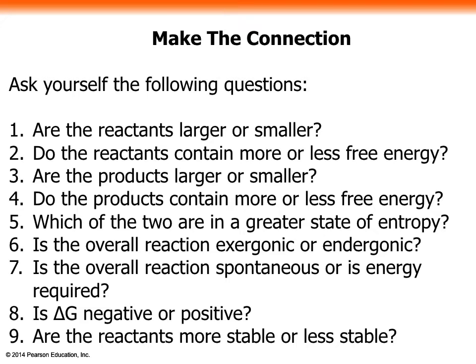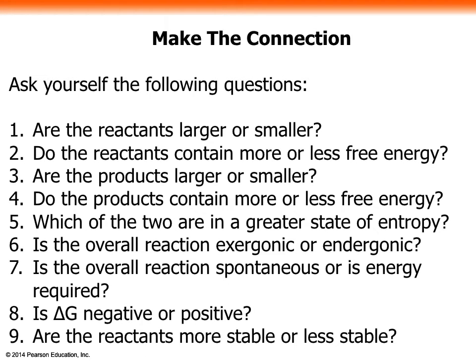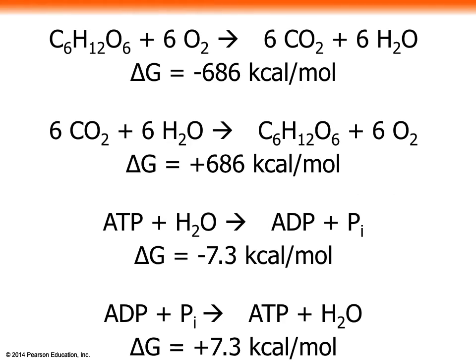All right, you should be able to take these 9 questions, or more like 18 questions, and ask yourself if you can answer all of them for any particular reaction. Check out this reaction at the top. This is glucose and oxygen converting into CO2 and H2O.